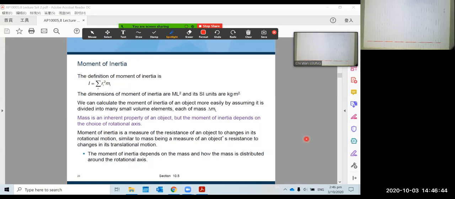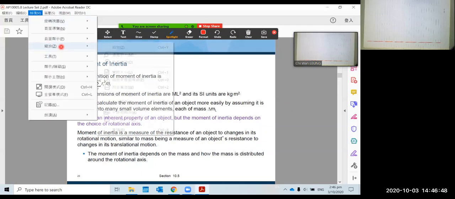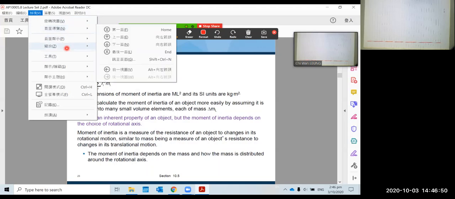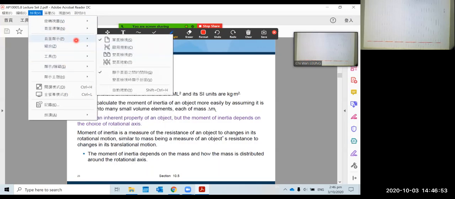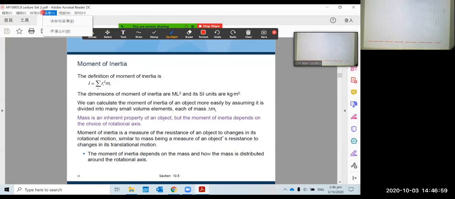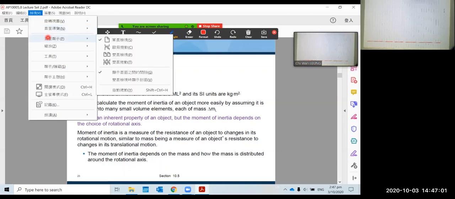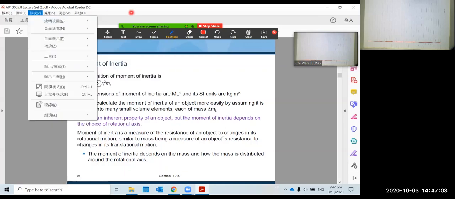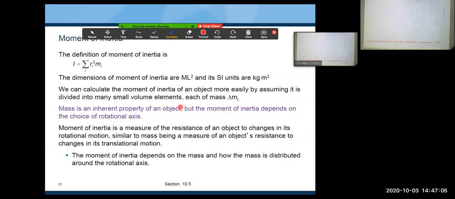And here is the definition. If you have multiple particles, the moment of inertia is defined in this way.